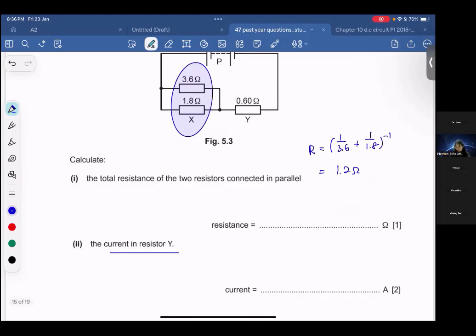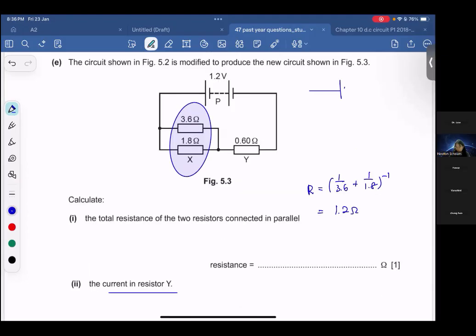So if I redraw the circuit like this, this one becomes 1.2 ohm. Then here, this is 0.60 ohm. Then the question is asking what is the current, this current, Iy. So this is already the total current.